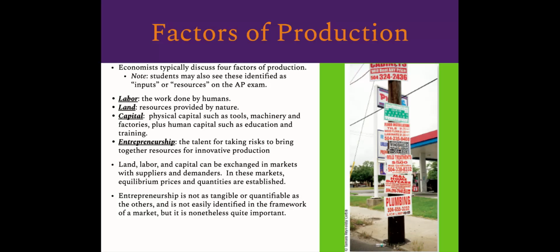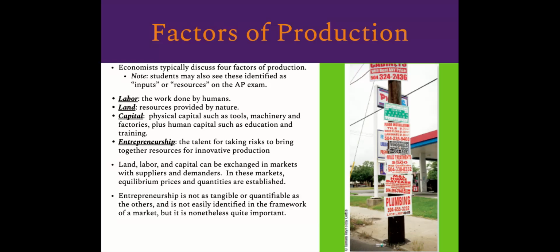So the first thing is labor. This is the work that is done by humans. Anything that humans do or think about is considered labor. Land, as you remember from Unit 1, is anything provided by nature. So obviously the land that you put your store on counts as land, but also if you're using coal, that would be considered land.